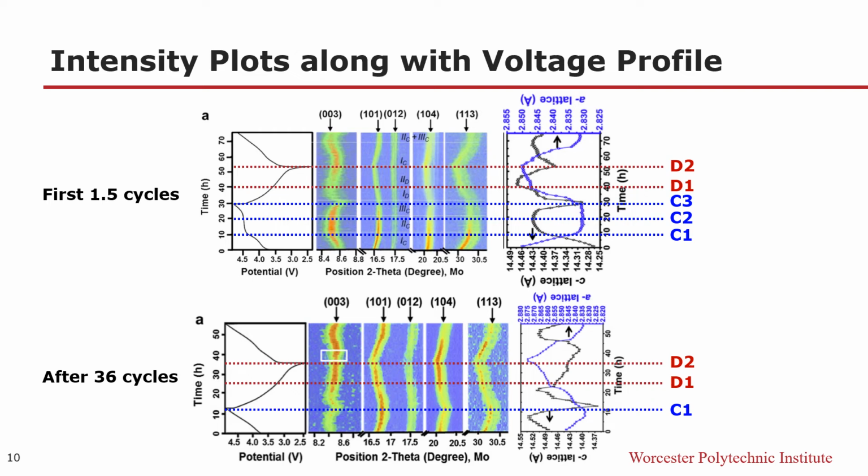For this reason, contraction of the unit cell along the c axis occurs. The 101, 102, 104, and 113 peaks after 36 cycles show similar behavior during charging and discharging as compared to freshly assembled electrodes.